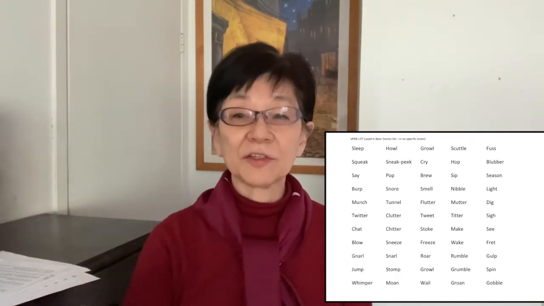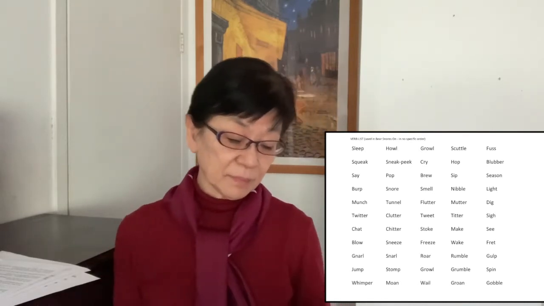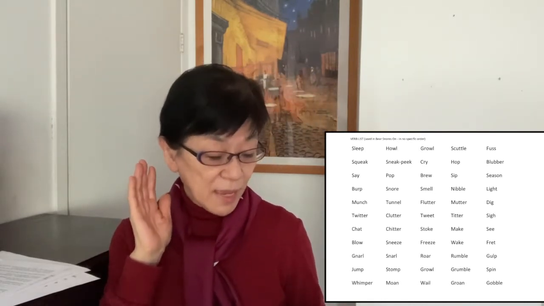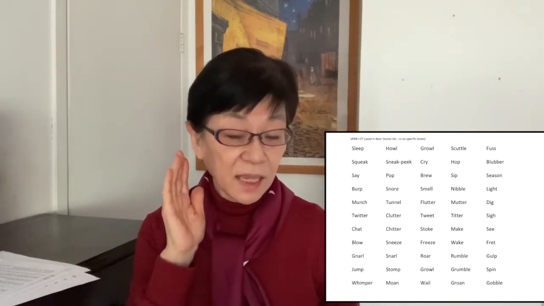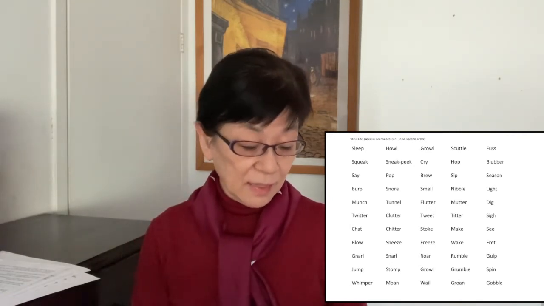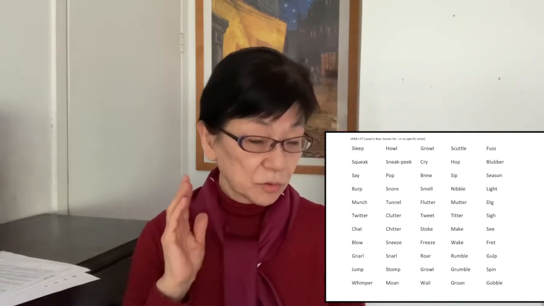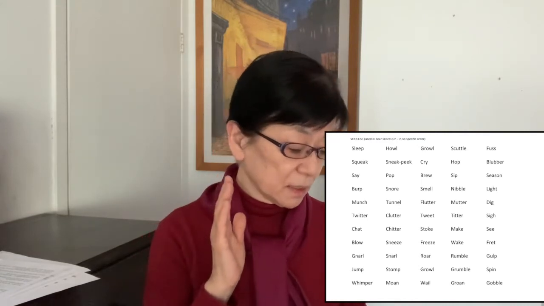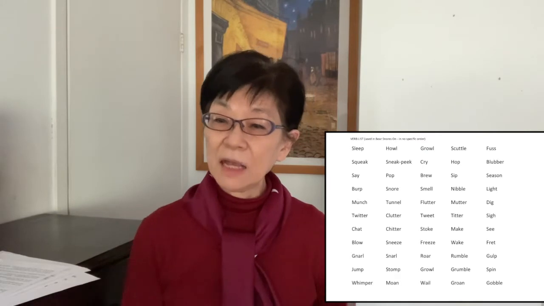Okay, Yoshiko got it first. You're a whale, right? So what's the definition? To make a long, loud cry out of sadness or pain. Okay. Mohammed, whimper. To cry in weak, broken sounds. Don't they sound similar?